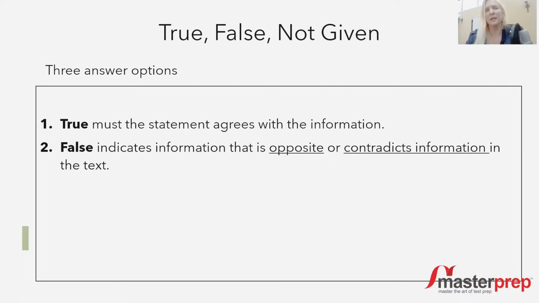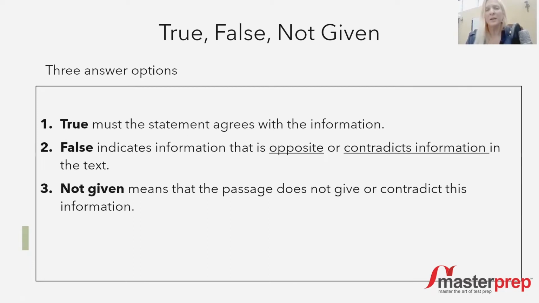So for example, if in the passage it says that monkeys are brown and the statement says monkeys are yellow, then obviously that's a false statement because it's contradicting information in the passage. And then not given means that there is no information in the passage at all related to that statement. So for example, if the statement says monkeys are funny, but there's nothing in the passage that states that monkeys are funny or humorous or even have a personality, then it's obviously not given. So I think that you get the idea, right? It's pretty straightforward.